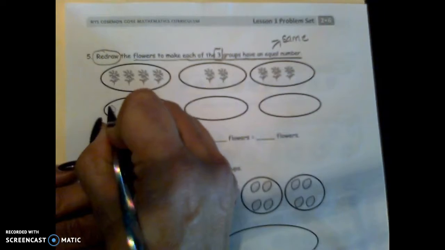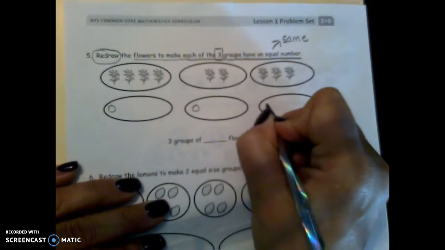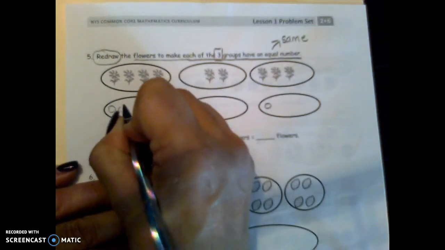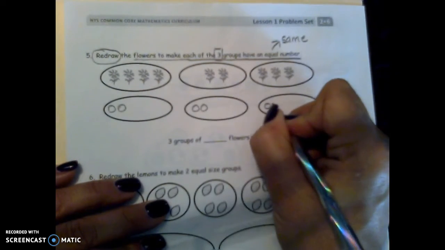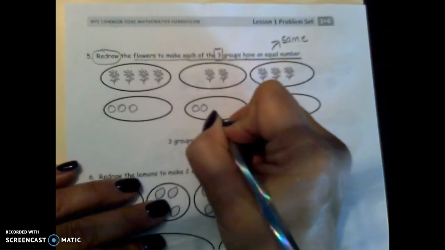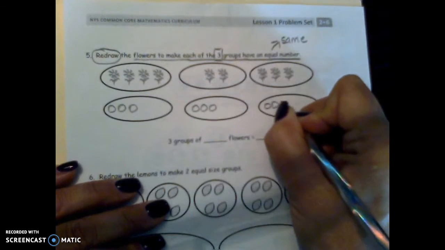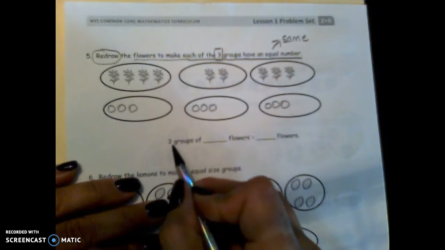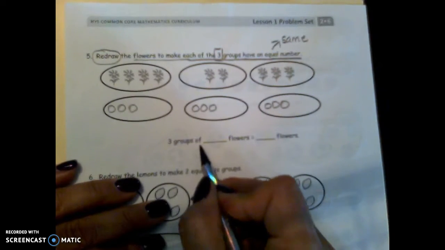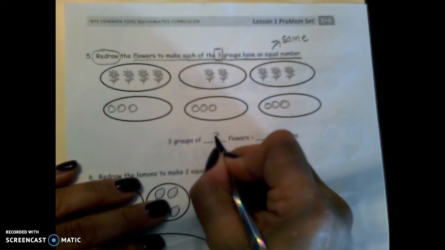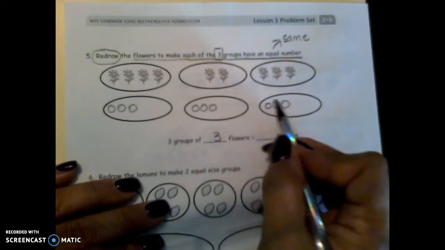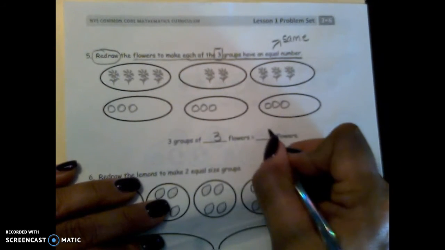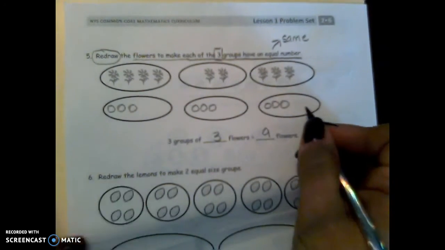So we've got 1, 2, 3, 4, 5, 6, 7, 8, 9. So when I go back and look to complete my sentence, I have 3 groups of 3 flowers, and 3 groups of 3 equals 9.